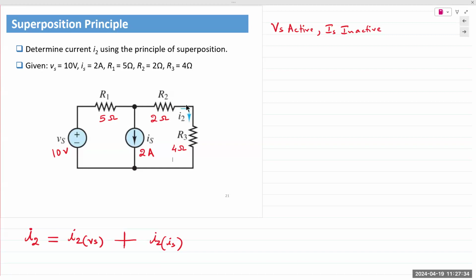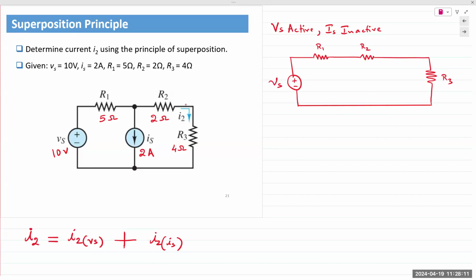Okay. All right. So redrawing the circuit with only Vs active, we draw the circuit exactly the way it is, except we are going to leave out Is. So we leave out Is, we have R1, R2, and R3.